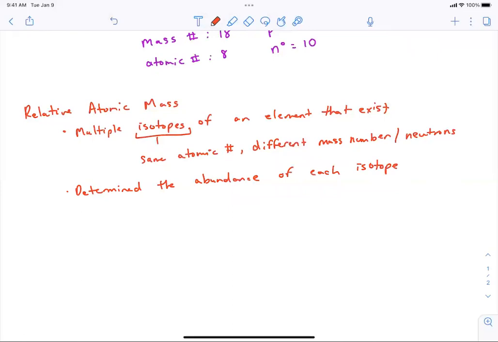So they took a sample of oxygen and said, okay, how many of these oxygen atoms are this isotope and how many oxygen atoms are this isotope? And they assumed that whether the sample was bigger or smaller than the sample that they tested, the ratio should be about the same. And yes, it's a little bit of an assumption, but it is generally true. They did a large enough sample that it's sufficient data.